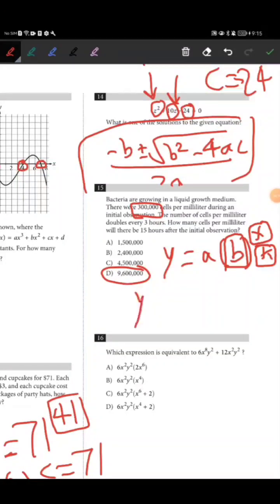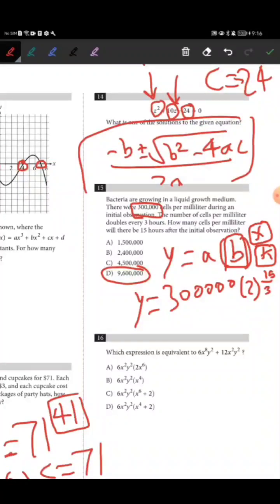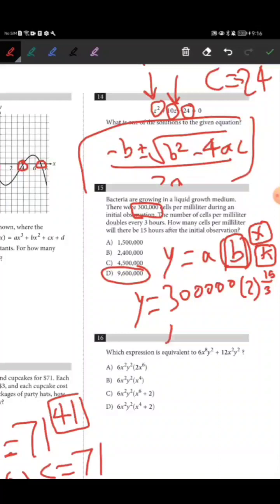So y equals 300,000 multiplied by 2 to the power of 15 over 3, which is going to get us also 9,600,000. And you can check that on the calculator.